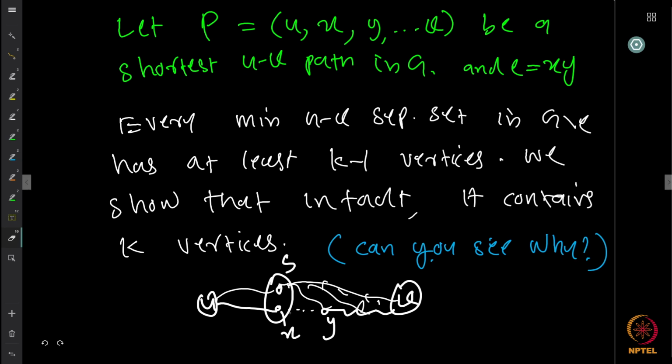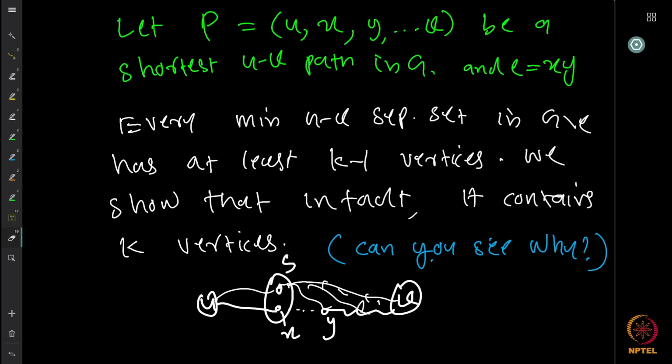So if I remove only the edge xy, the size of the minimum separating set cannot decrease by more than 1. That's what I wanted to say, right? Because just removing x itself will remove xy. So in G minus xy, the minimum cardinality UV separating set cannot be less than k minus 1, right? Because I can just remove x, which gives a subgraph of G minus xy, and that has separating set size equal to k minus 1, right?